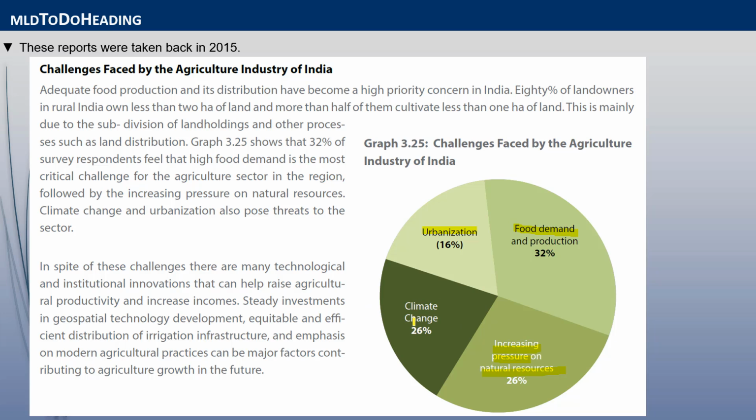And the last thing is climate change. Due to a lot of factors, the climate is changing. The rain is not adequate in the rainy season. In the winters, the temperature goes to extremes, same in the summers. So climate change is also a challenge faced by the agricultural industry in India.